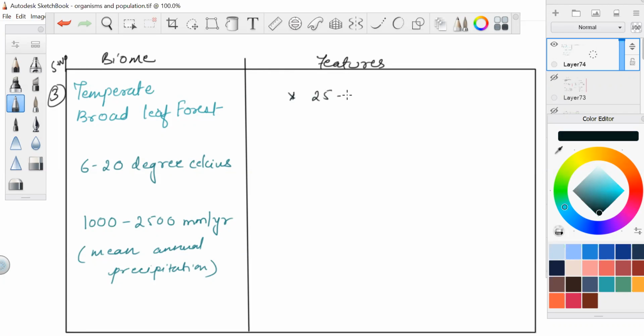As features, they will have 25 to 30 meter tall trees. And these will be broad, as we have written also. So you can write broad leaves. Example, oak tree.